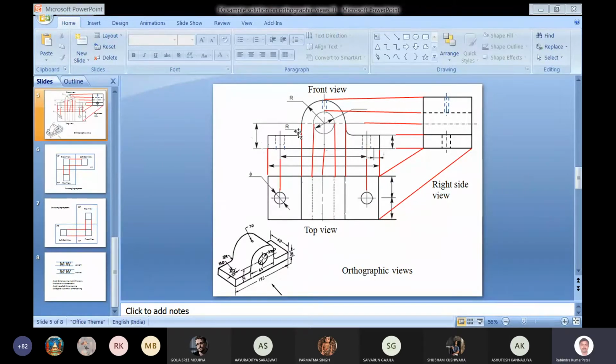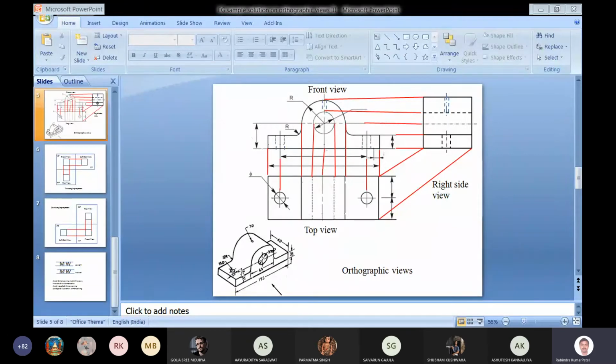Two arcs are corresponding to this radius, which is shown as 12r. This radius we can show as an arc of radius r, that is 12 here in this case. So here two arcs will be drawn, and after this we have three places where we have dashed lines.